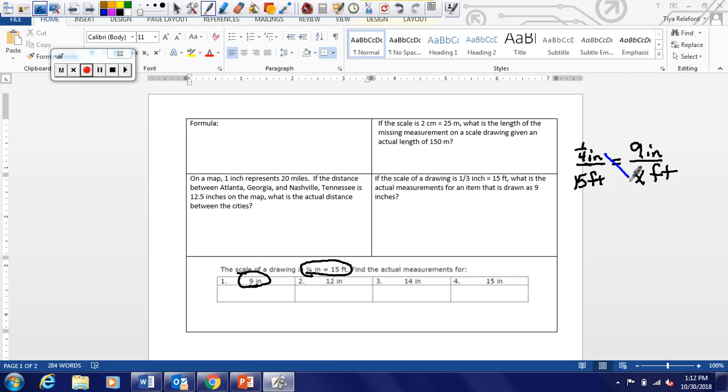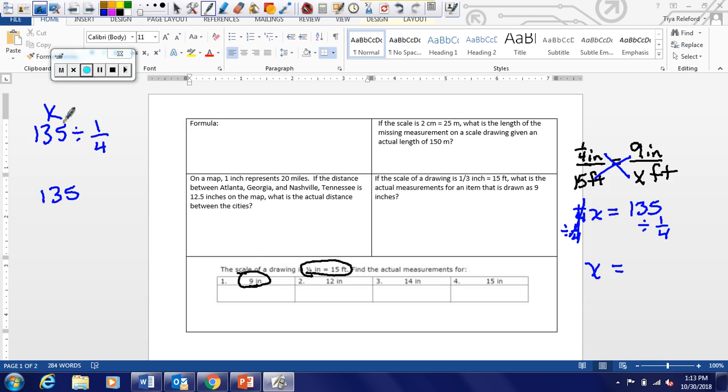So you have 1/4 times X equals 15 times 9. You're going to divide both sides by 1/4. These cancel out. You're left with X equals whatever 135 divided by 1/4 is. Or because it's the same, you can multiply by 4.